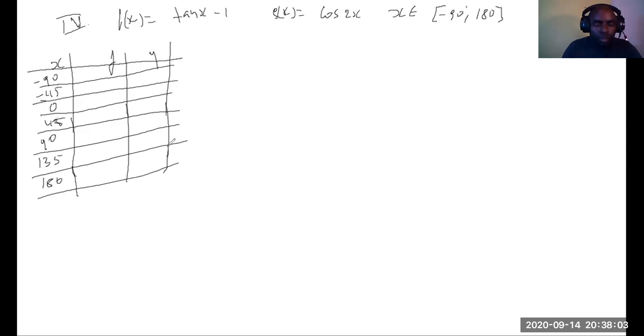Then we have cos 2x, for minus 90 to 180, in steps of 45. For the first one I've got an error, undefined, and then I've got -2, -1, 0, undefined, -2, -1.